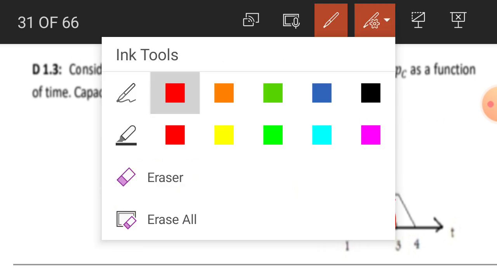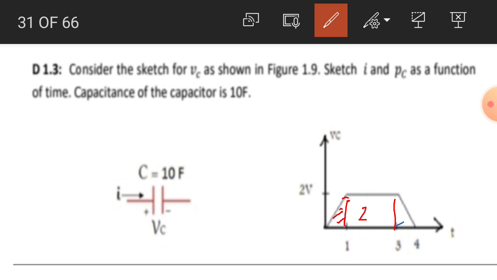And then this is region number 3, where the time is changing from 3 to 4. So here is region number 1, and here is region number 2, and here is region number 3.